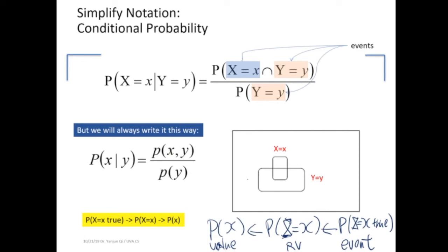So what we normally see is not this. In fact, what we normally see is something like this: a smaller x conditioned on a smaller y. So what you normally see in Bayes rule is the smaller x conditioned on smaller y. It's just a simplified version.